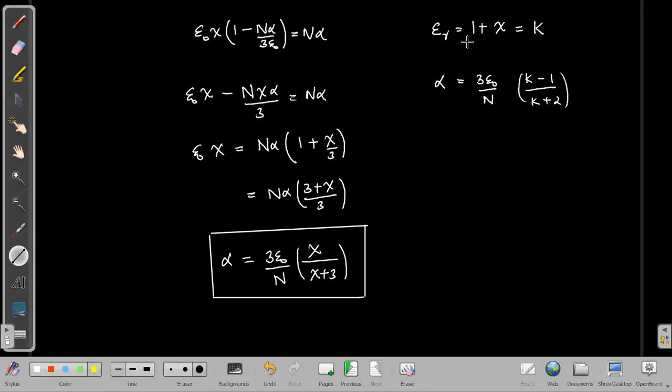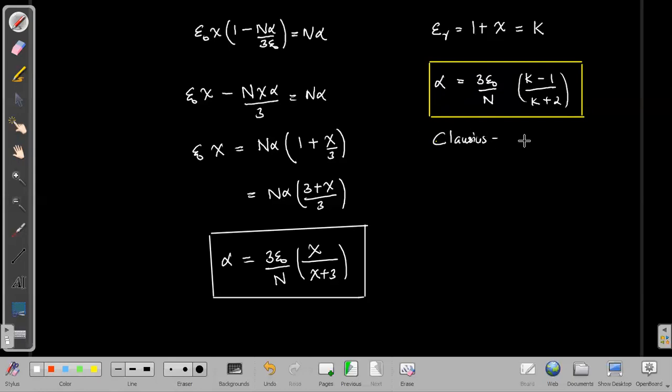So this gives a direct connection between a macroscopic quantity, the dielectric constant K, and the microscopic quantity, the polarizability alpha. So this equation is called the famous Clausius Mossotti equation.